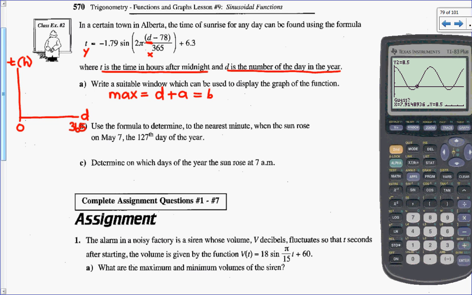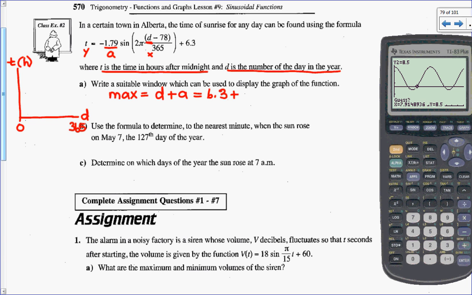Our D is 6.3, and our A is 1.79 or negative 1.79. How do you know whether you're going to include that negative sign? Well, this is our amplitude. Amplitude is the distance from the midline to your highest point or the midline to your lowest point.